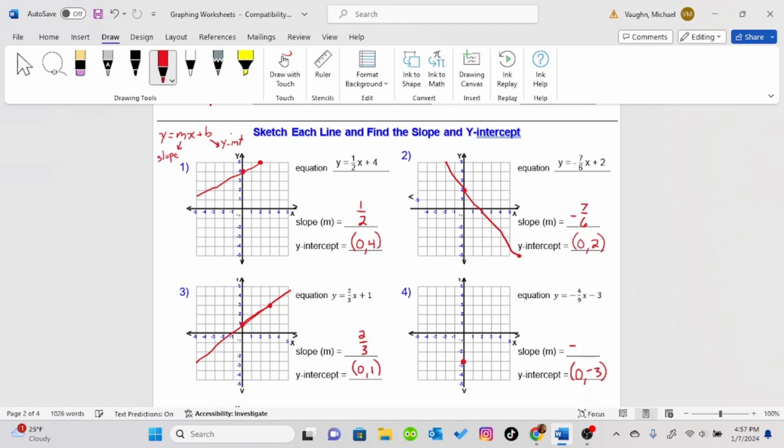So the slope is -4/9. That tells us to go down 4 spots. So right around here. But then we're going to go over 9 spots. So that could be right about here. Draw the line that connects them. And that's what our graph would look like.